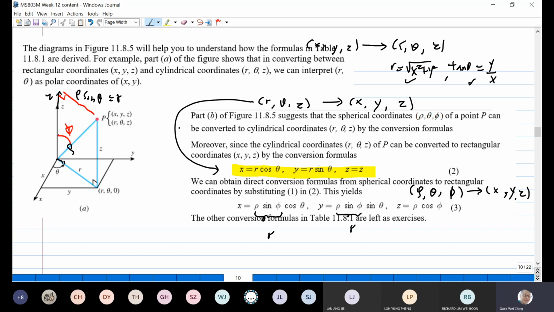Okay, then your z is actually rho cosine phi now, because this is the adjacent to the angle here, z equal to rho cos. So this part here is rho cosine phi. Same, z equal to rho cosine phi.